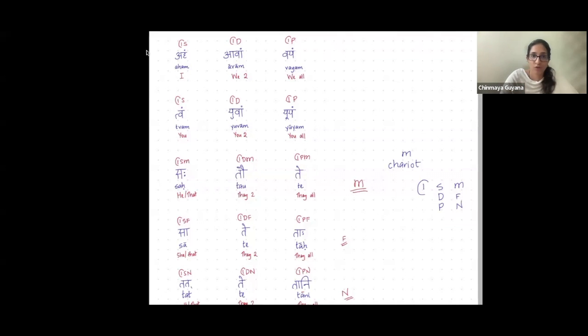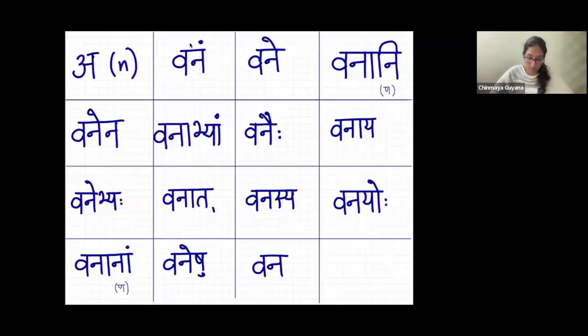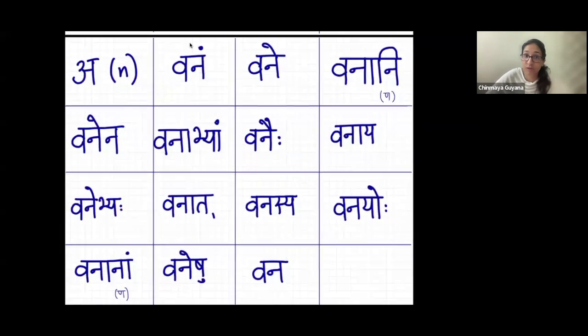Now, for your homework, I think you can guess what it is going to be. We are going to do the same thing we did for Rama, now for Vana. Take your DIY flashcards and write the Vana table one by one. If I made mistakes, just flag it for me.